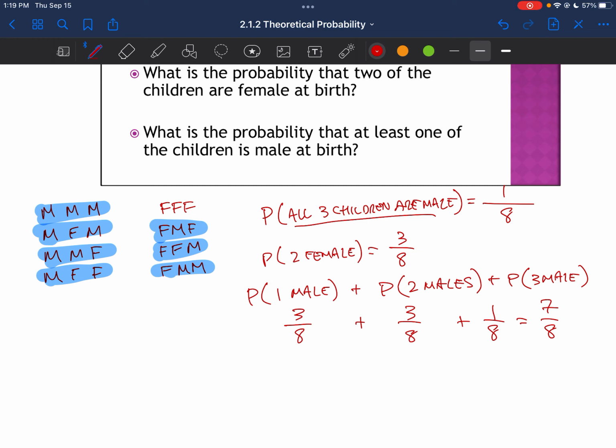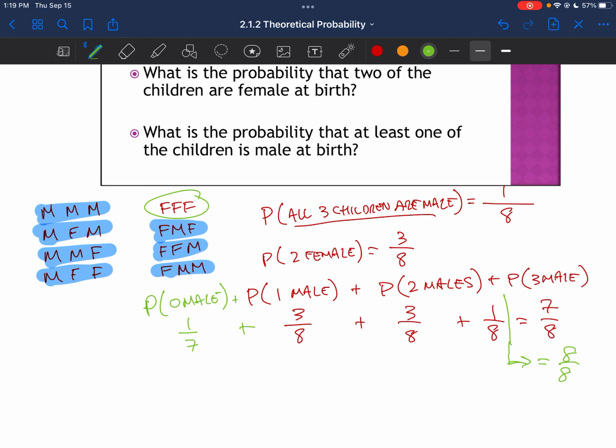There could be, and I'll do this in a different color, the probability of there being no males. And the probability of there being no males is 1 out of 8. That's this situation where we have all female. And when we add all of these together, then we get 8 out of 8, which is 1.